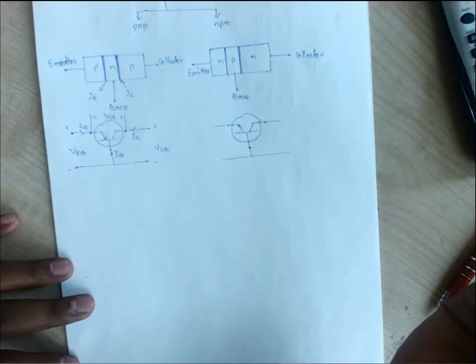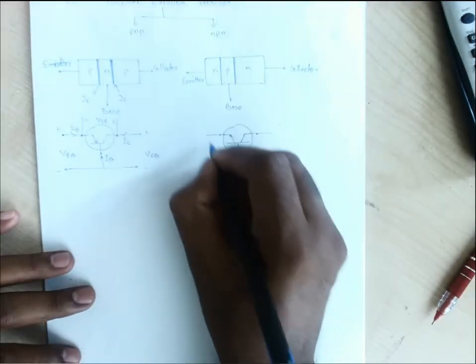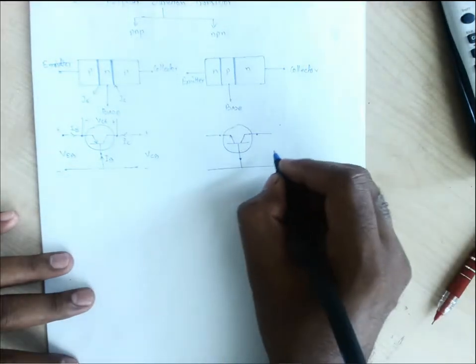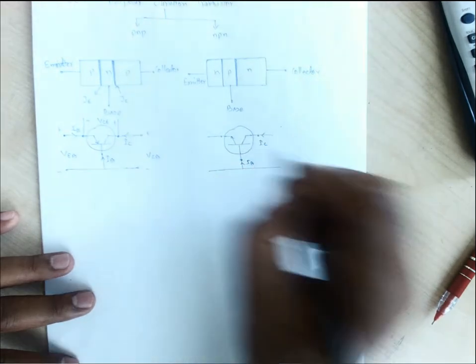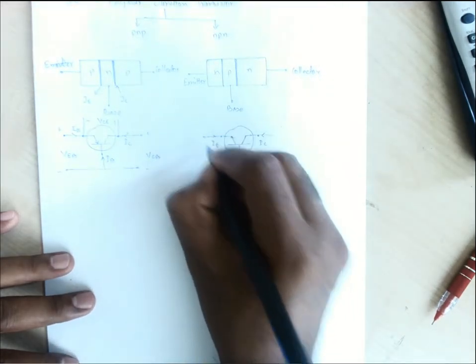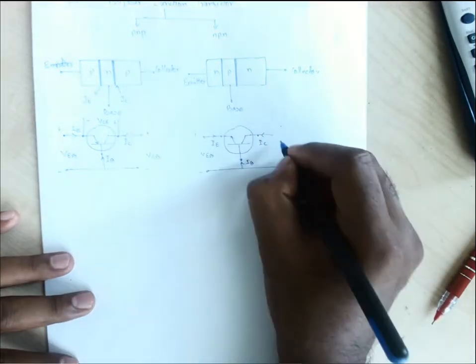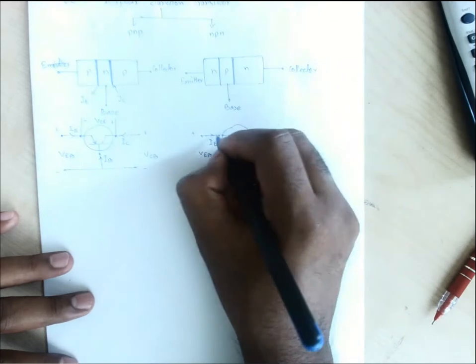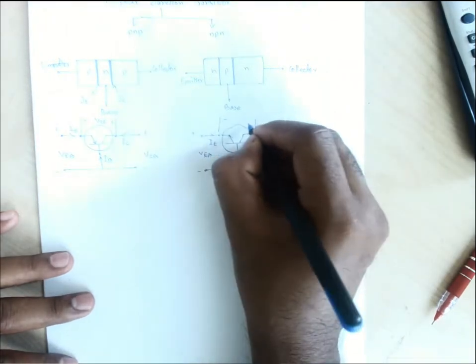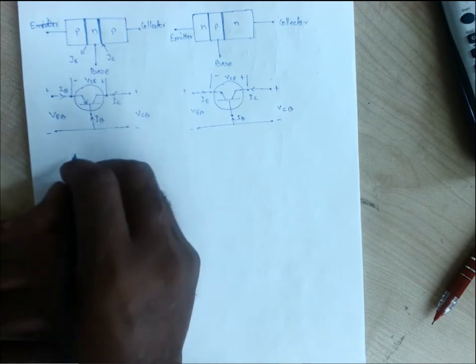The collector is taken as positive compared to the emitter. Same for this case, we can take IB, IC, IE, the voltage VEB plus minus, VCB plus minus, and VCE minus plus. So now let us check these signs for the NPN transistor and for the PNP transistor.